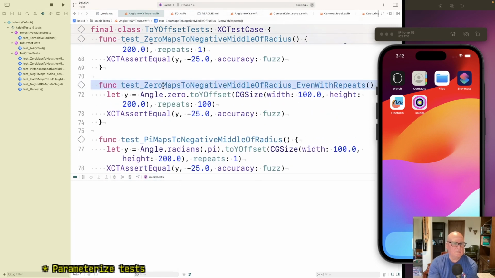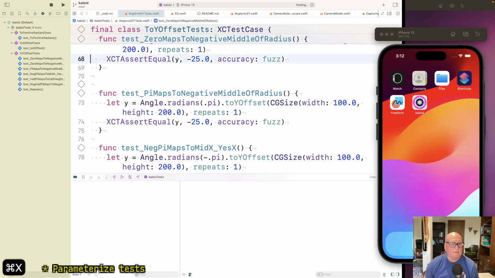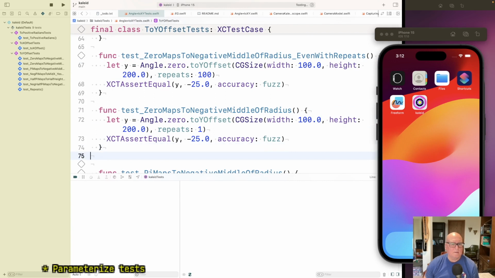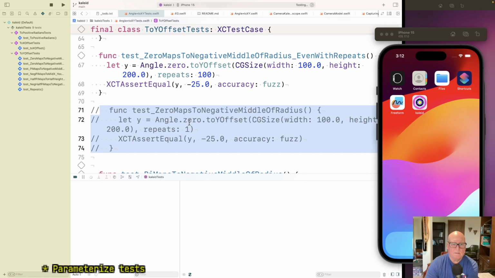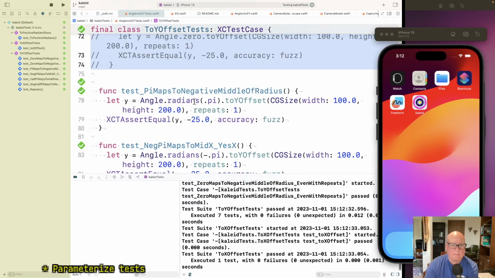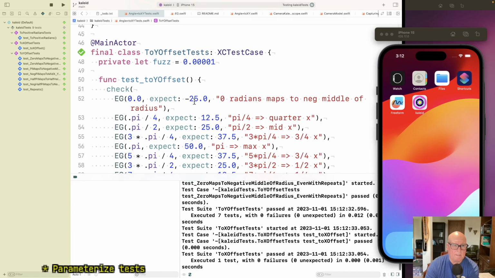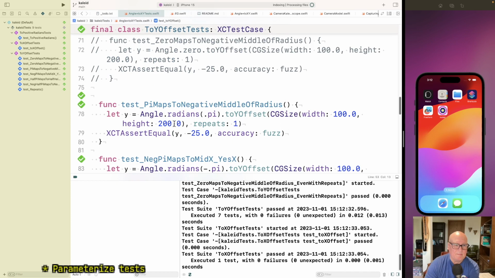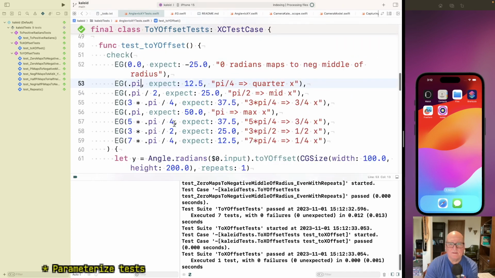Now this one's kind of a separate test. I'll comment them as we do them. Okay, good. Pi maps to negative middle of radius. I'm not sure that speaks to me as much.